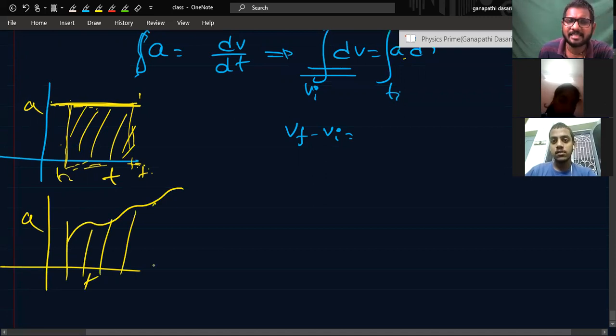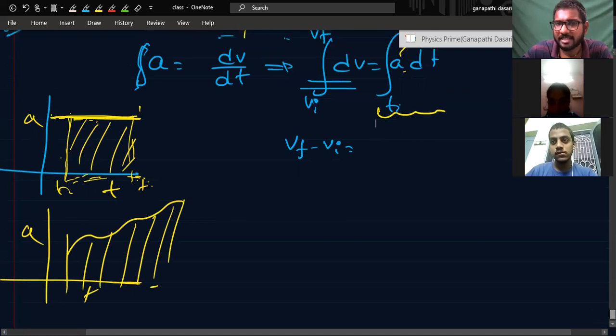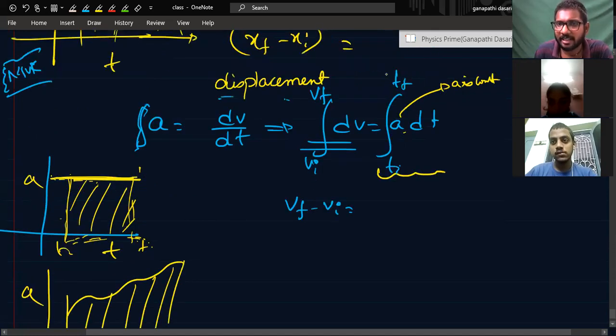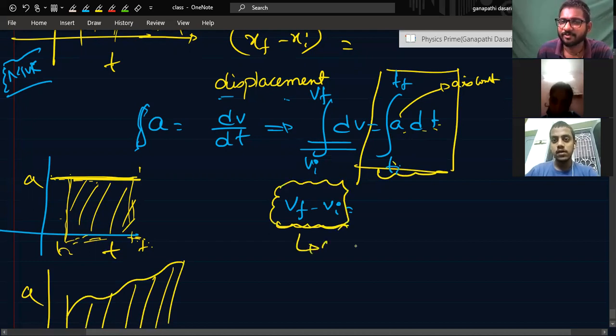The area under the curve is nothing but this one, or not? The integral a dt. That means if you want this, you need to find the area under the curve of the at graph. If you get the at graph area from t initial to t final, what will we get? The change in velocity, v final minus v initial.